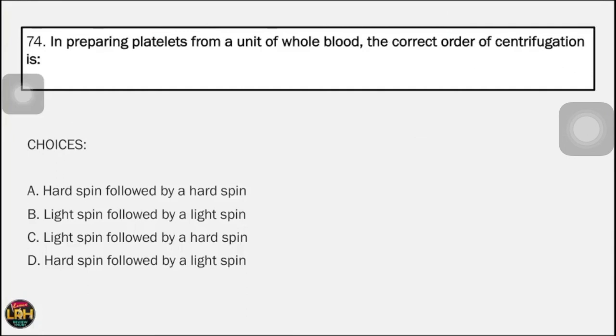Number 74. In preparing platelets from a unit of whole blood, the correct order of centrifugation is letter A, hard spin followed by a hard spin, B, light spin followed by a light spin, C, light spin followed by a hard spin, or letter D, hard spin followed by a light spin.